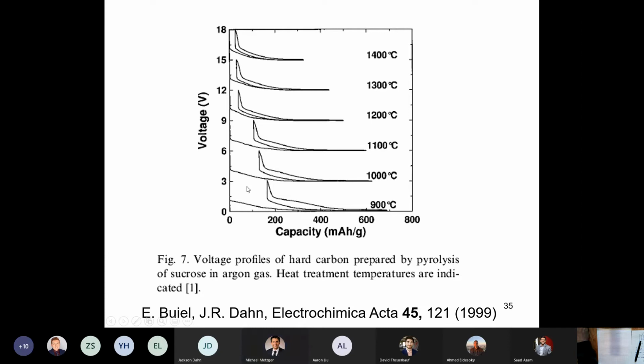If you look at this big irreversible capacity at the beginning, this can be because the pore openings are big and electrolyte can get in, and then you're getting a lot of electrolyte decomposition on the interior pore walls, which you don't want. And as you close off those pores, the amount of irreversible capacity gets less and less. So selecting the pyrolysis temperature to give you a long low voltage plateau and minimum irreversible capacity is really important. And I think it's all about pore closure. It's pretty neat.